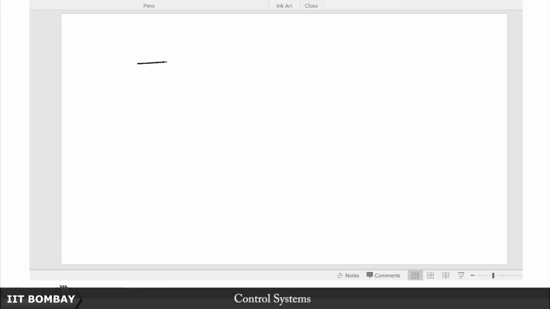Suppose you have this plant here, and there's this reference input. This is an actuating error, by the way, not the actual error, because there's going to be some non-unity feedback.